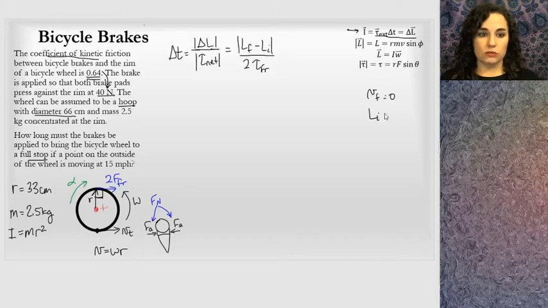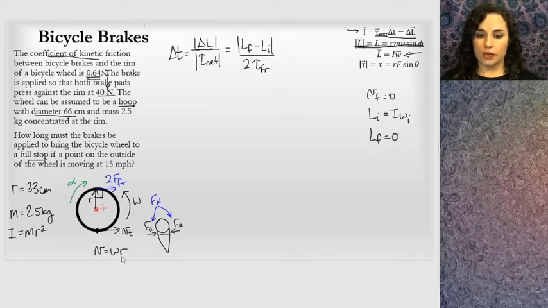L initial depends on I omega initial. This is a rotating object. It's an extended body. I cannot use the equation for a point mass for angular momentum. I have to use the equation containing the moment of inertia. L final is 0 because velocity final is 0.